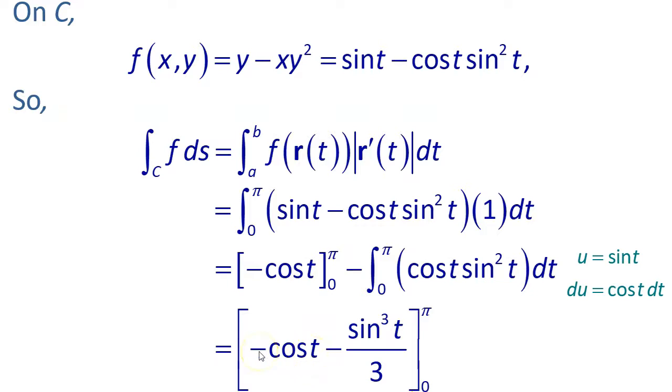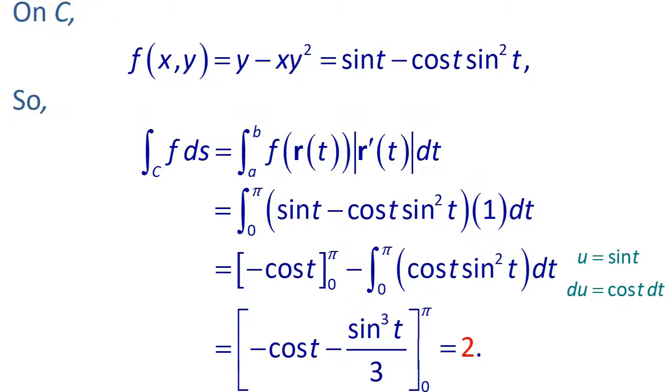This is a negative, so that's -1, but remember this is the bottom end, so we're subtracting. We subtract -1, that'll be +1, and when you plug in 0 into sine, you get 0. So we'll have 1 plus 1, which is 2, which is our area underneath this curve over that upper half of the unit circle.